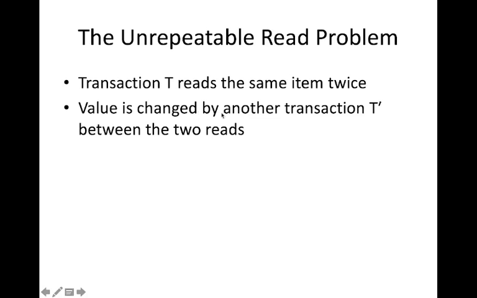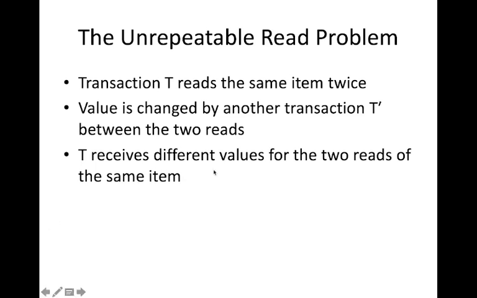But in between, another transaction T dash has changed the value of X. So it is known as unrepeatable read problem. There will be a different value at the two reads. First it will be reading 100, and in between if some other transaction has changed its value, then when it reads again it will be 75. So it is known as unrepeatable read problem.